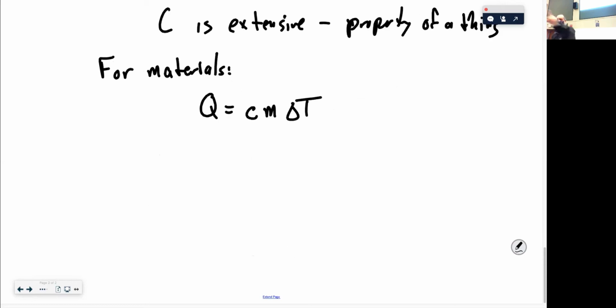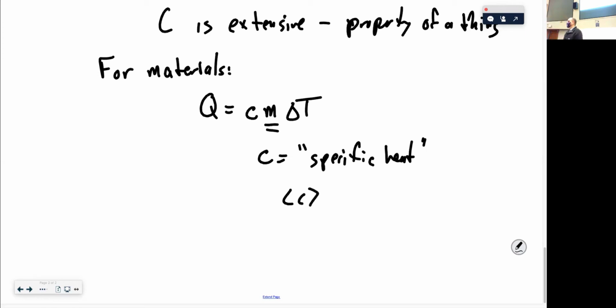And this lowercase c is also not the speed of light, even though it's exactly this. We just run out of things to call it. And what do we call this little c? That's the specific heat. It has slightly different units because we have to multiply by the mass of the thing that we're talking about.